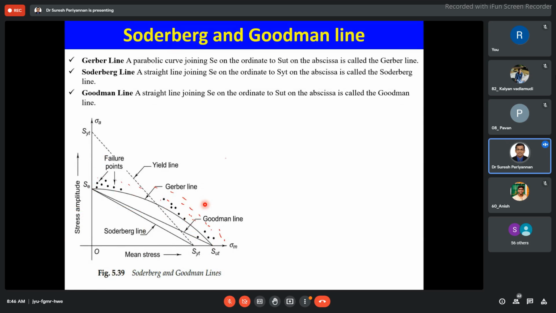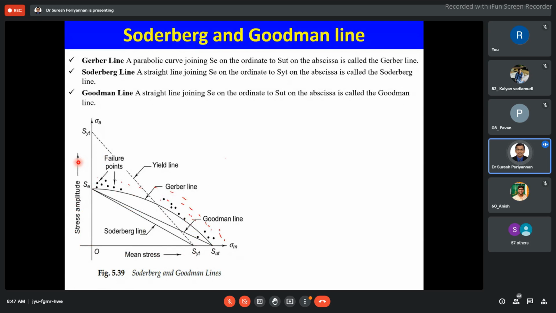As I told you, in this theory we are going to use both stresses, sigma mean and sigma a. Hence, I am using the mean stress on the abscissa, the x-axis, and on the y-axis, as we discussed earlier, the stress amplitude sigma a.